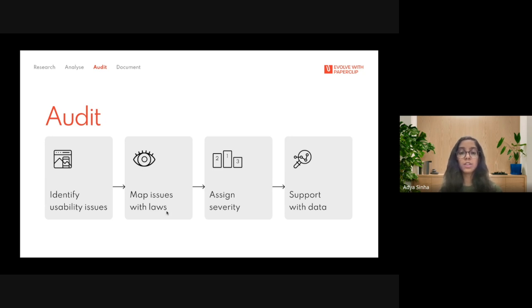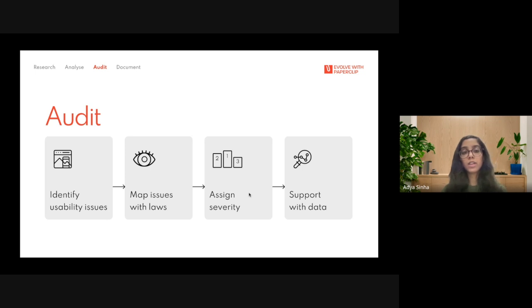While mapping the issues with the laws, assign a severity level, which will help you understand the seriousness of the identified issue. And capture screenshots of the pages where you found the issues, so that it can help you communicate the issues more properly.